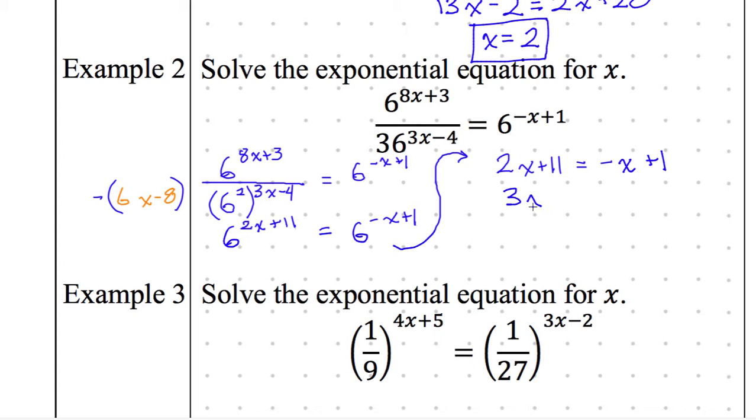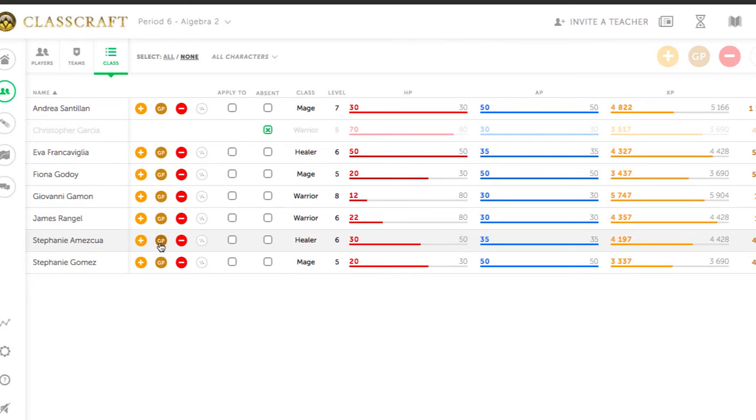So it is going to be 3x on this side. Let's subtract 11. And then negative 10. I already subtracted it. So I subtracted 11 from both sides, and I got negative 10, and then finally, yep. There it is. Thank you, Stego.